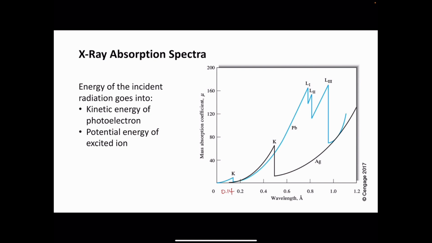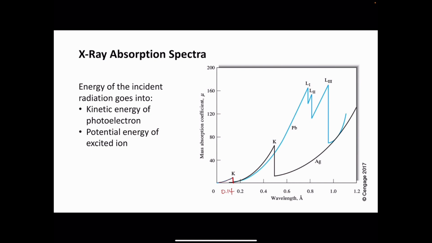And so you see this abrupt decrease in the absorption. And this is known as the absorption edge. But at wavelengths shorter than 0.14 angstroms, the probability of ionization gradually diminishes, resulting in this sort of smooth decrease in the absorption.